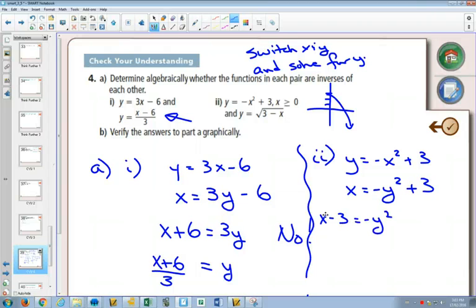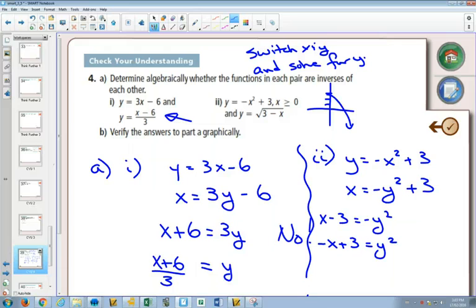Then what are you going to do with that negative? How do you move the negative over to the other side? You could either multiply both sides by a negative or divide both sides by a negative. Whichever way you do, you're going to get negative x plus 3 equals y squared.